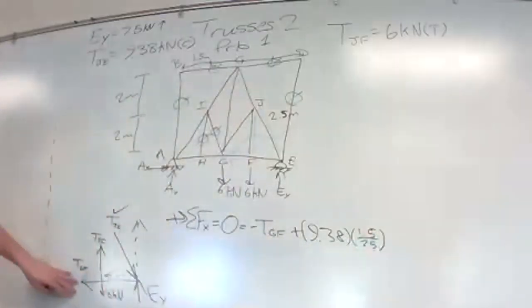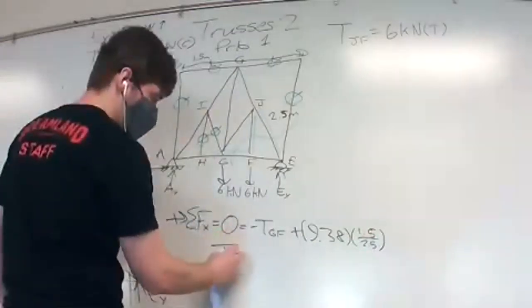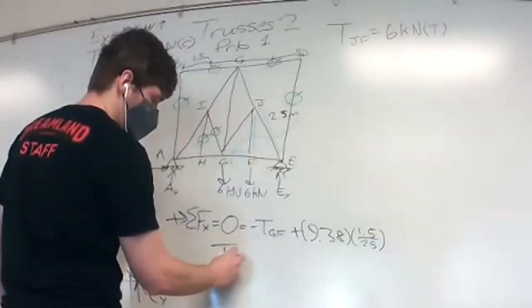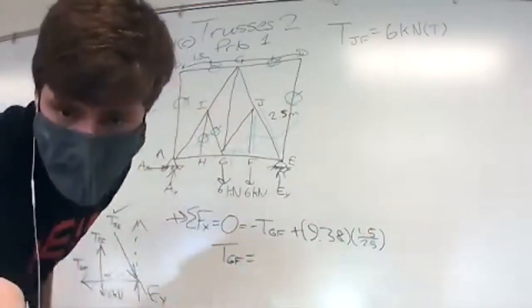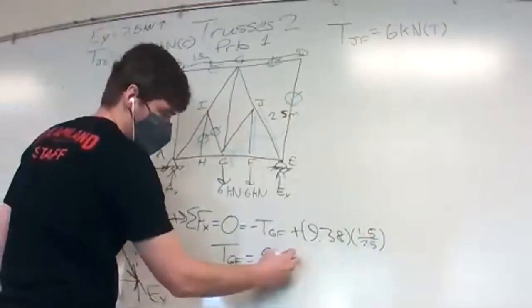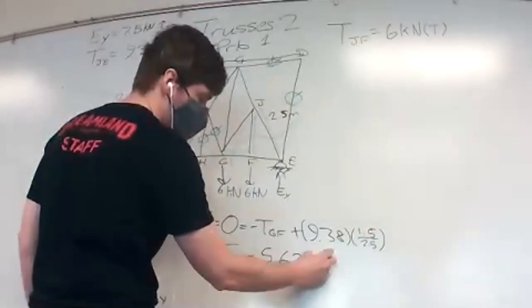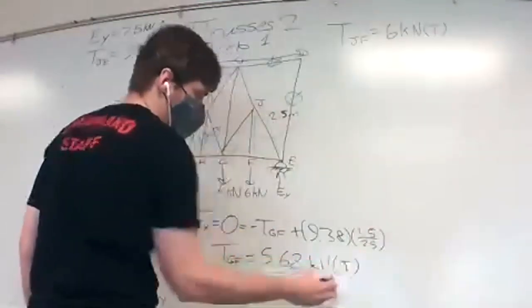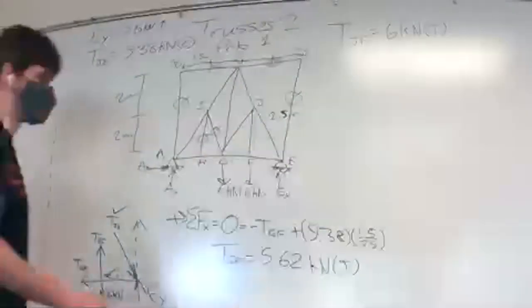That would be all of our x direction components. So we would say TGF is going to be equal to 5.62 kilonewtons. We say it's in tension because we get a positive answer, so our assumed tension is correct.